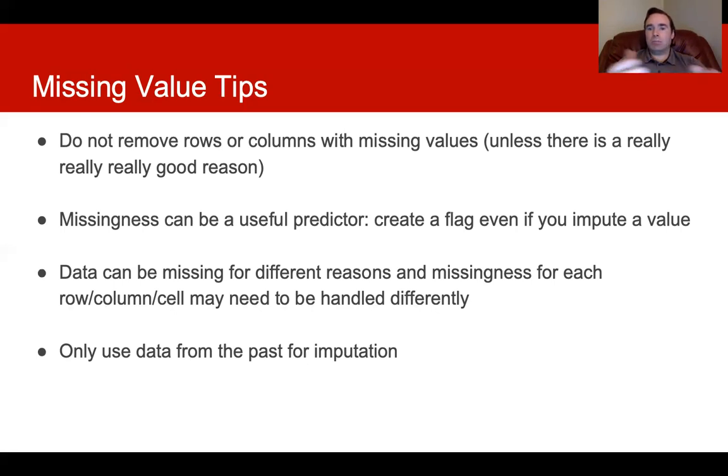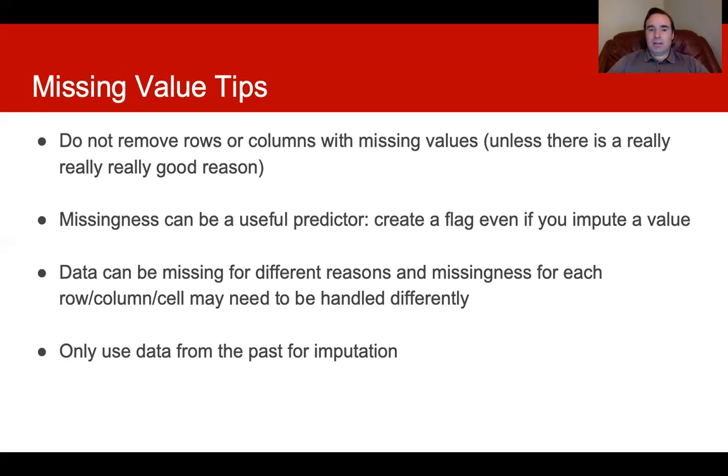Is it at random? Do you think it's not at random and missing more for certain groups than others? So I think the pointer here is really to be careful about it, and be thoughtful about what you're doing when you're imputing different values.